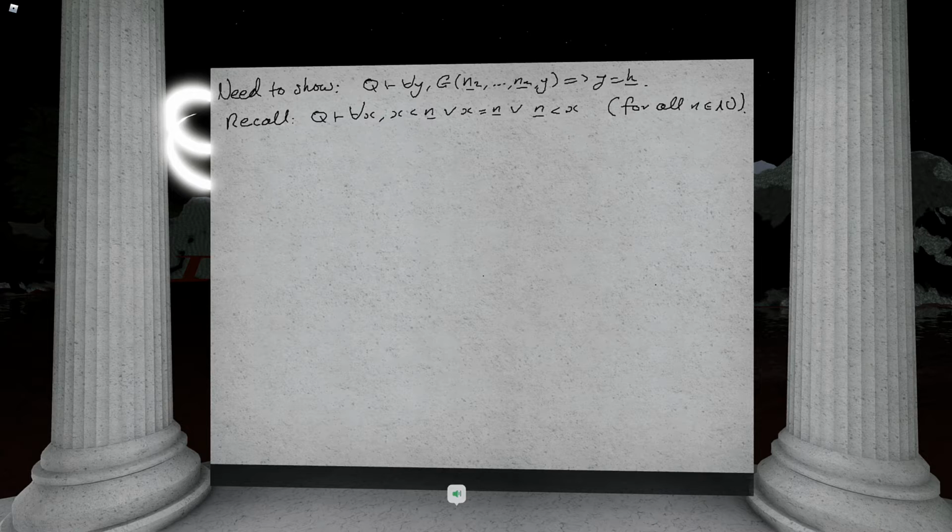So what I'm going to do is use these previous two statements that I wrote at the bottom of the previous board in order to show that we always prove under this assumption inside the system Q that it's not the case that y is less than k bar, conjunction, it's not the case that k bar is less than y.